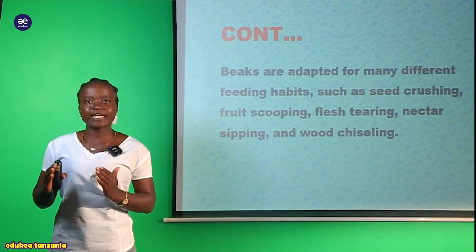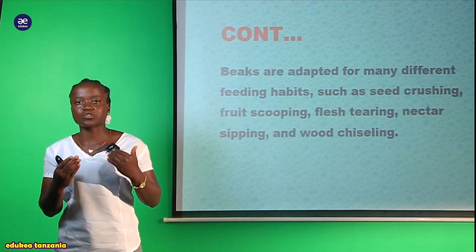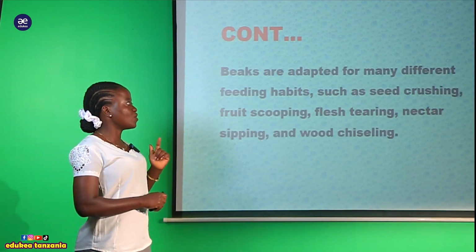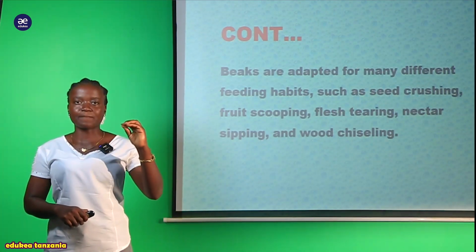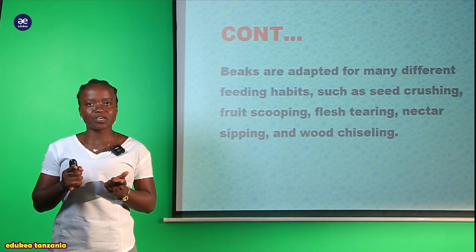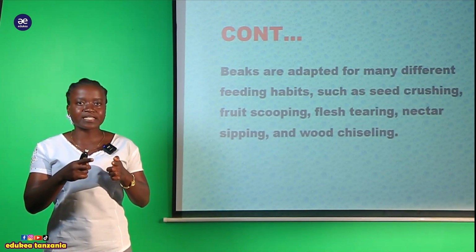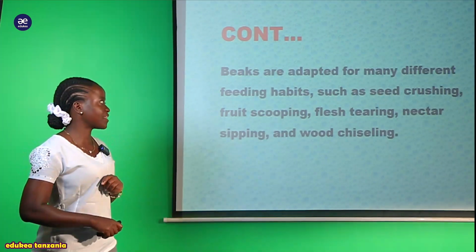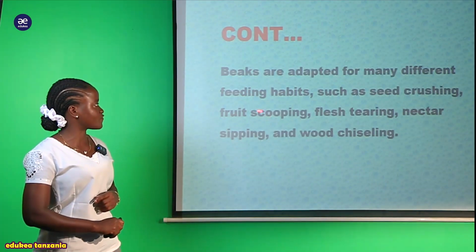Kile kitu ambacho wanakula ndio ambacho their mouth part inakuwa imespecialize, au tunasema kwamba imemodified kuwa kwenye ile structure. For example, those birds ambao wanakula seed, mbegu, for example mahindi, mbegu za mpunga, ukiangalia ile structure ya their beak, now you can see it is an elongated structure so that they can take those seeds. But we also have other birds whose beaks are specialized for fruit scooping.